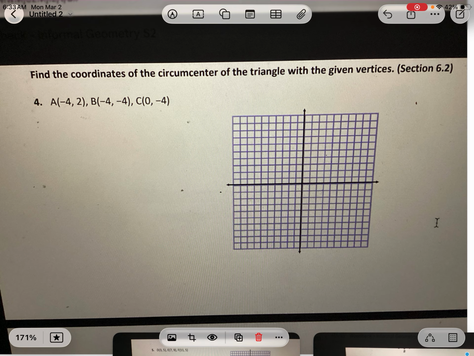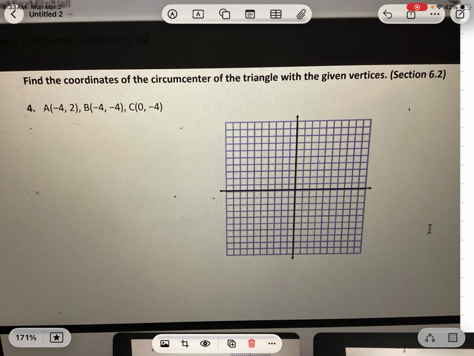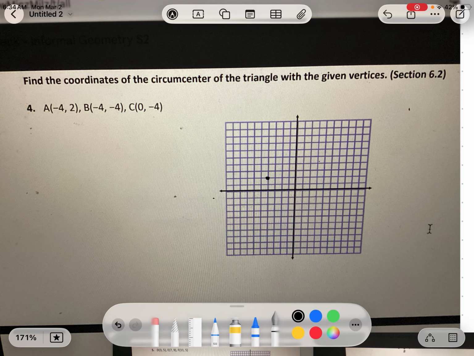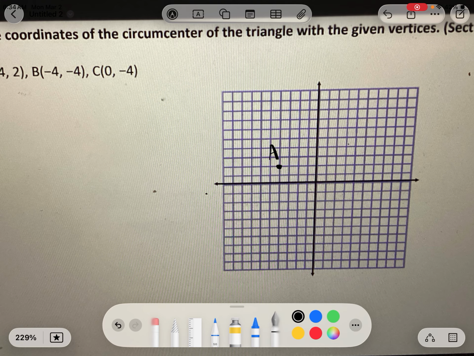Okay. So next thing is I'm going to plot those points first. So negative 4, 2. Where are they? Negative 4, down 1, 2, 3, 4. Here's B. And 0, 4 would be C.